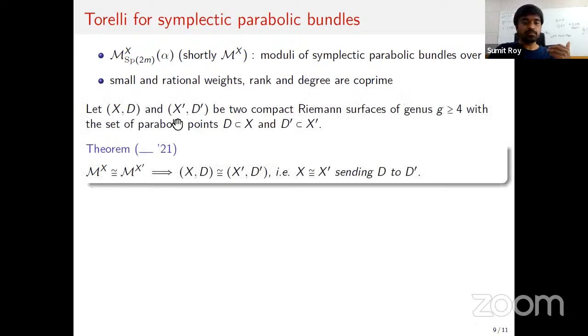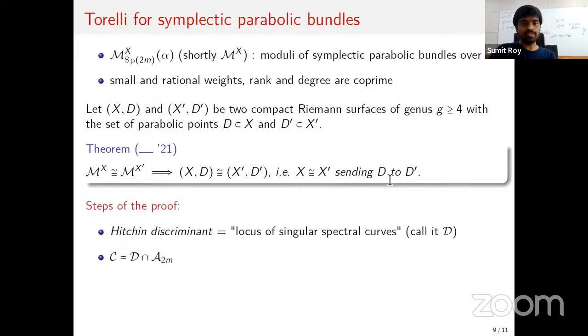The statement is, if we have two different compact Riemann surfaces, X and X prime, together with finite sets D and D prime, and assuming genus greater than or equal to 4, then the result is that if the two moduli spaces of stable symplectic parabolic bundles over X and X prime are isomorphic, then we have an isomorphism from X to X prime, which sends the set D to D prime.